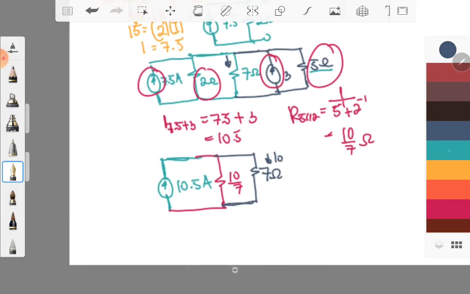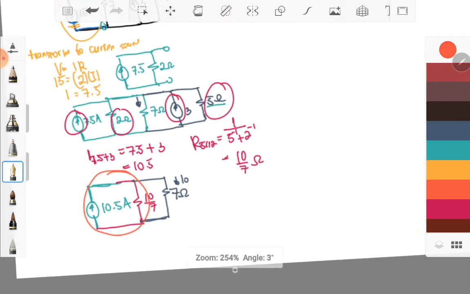Okay, actually this figure is again familiar because we may transform it to an equivalent voltage source.